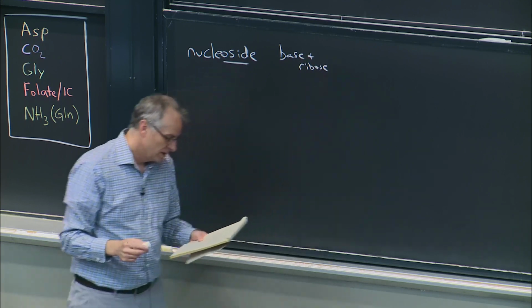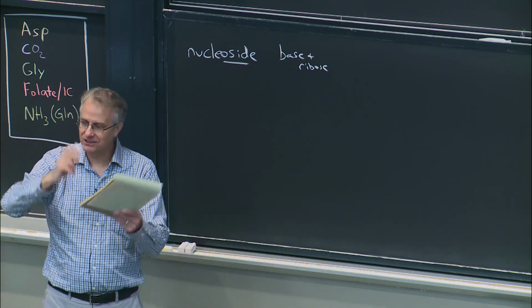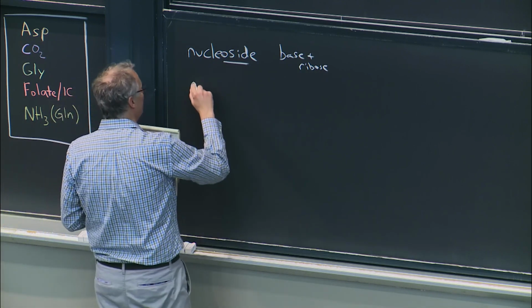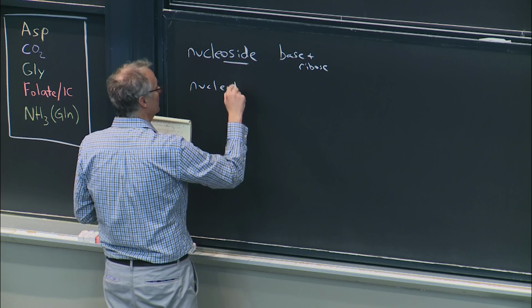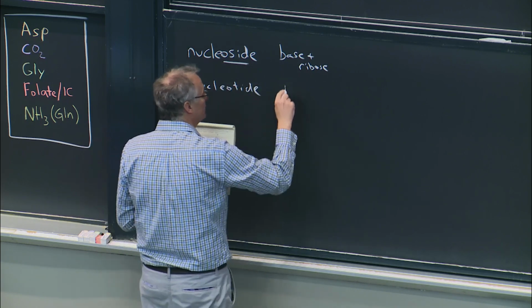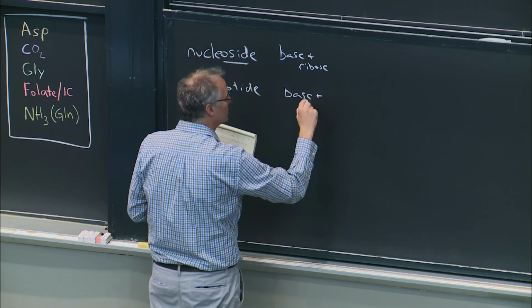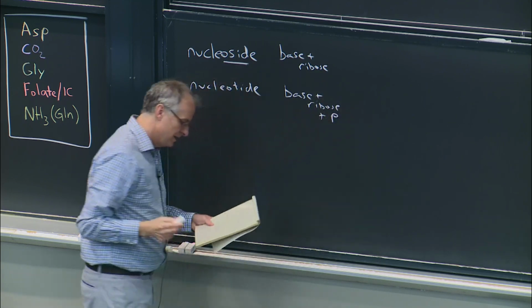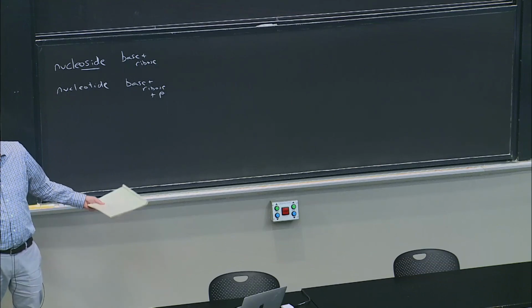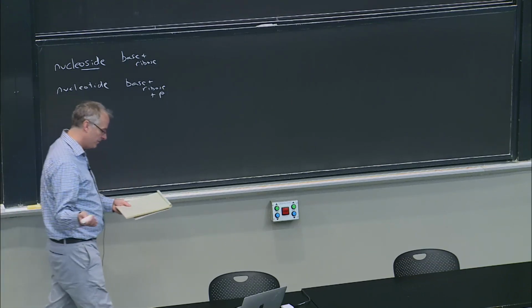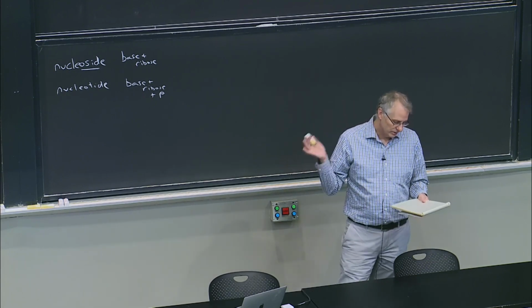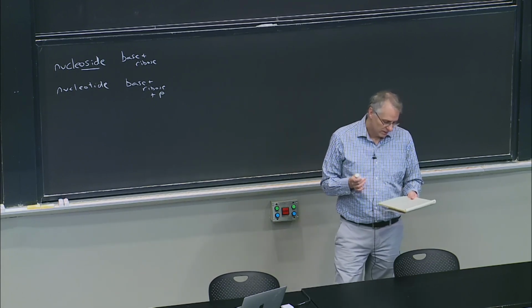Adenosine would be adenine stuck to ribose, but no phosphates on it. And then you have your nucleotides, which are the base plus the ribose plus phosphate. It can be a nucleotide monophosphate, diphosphate, or triphosphate: AMP, ADP, ATP are examples of nucleotides.